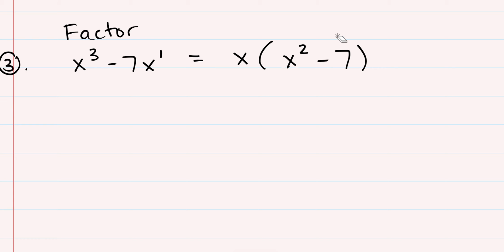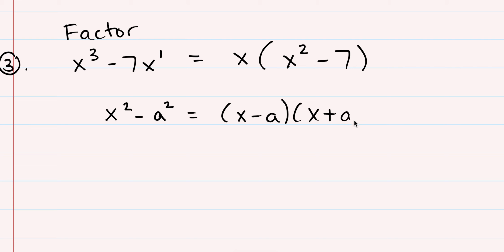But I also have right here an x squared minus 7. This x squared minus 7, technically you can factor it again. Because notice that if I have x squared minus some number, let's say a squared, then this is going to be x minus a times x plus a.